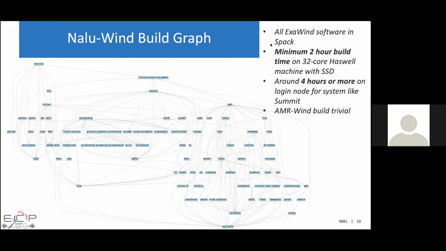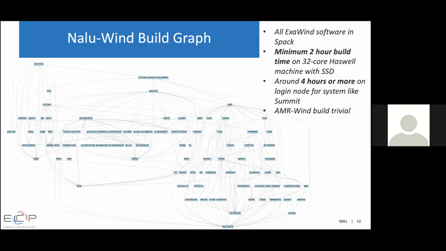So in the Exawind stack, I think we have all the software for Exawind in Spack. And I think I have this, can't see that, a floating window. Okay. So yeah, expect about a 2-hour build time on a test machine we have that's 32 cores of Haswell. Even with an SSD, you're at a minimum 2-hour build time to get to a working build of Nalu-Wind.